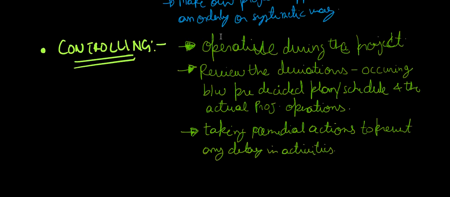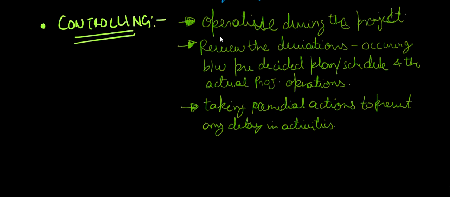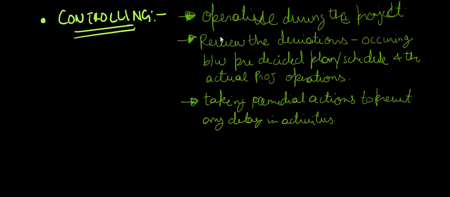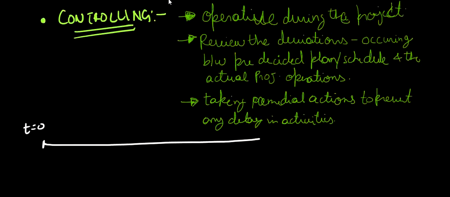So let's understand this with an example. Let's take an example of a construction project. Suppose there is a construction project going on. For example, this is your zero time, t equals 0, then t equals 5 days, then t equals 10 days.